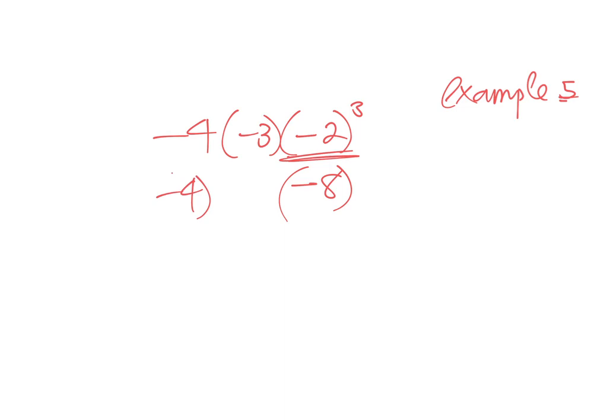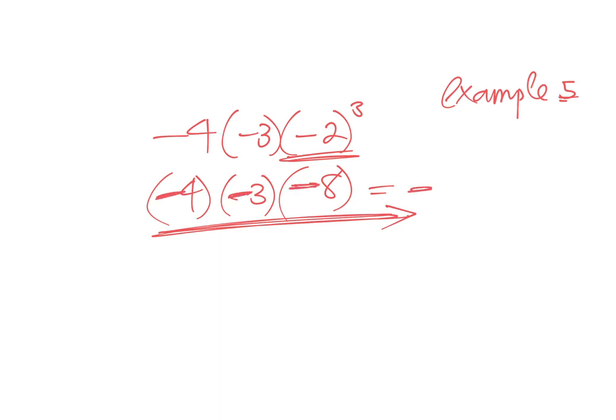So you have negative 4 times negative 3 times negative 8. You multiply all these together: a negative times a negative is positive, and then times a negative, you're going to get a negative again. So basically 4 times 3, which is 12, 12 times 8, which is 96. So it's important that you go step by step. In this case, we have negative 96.